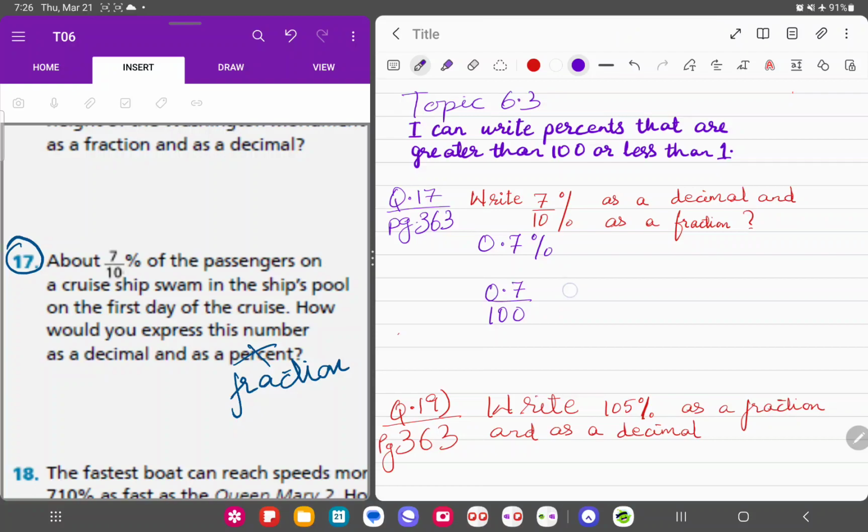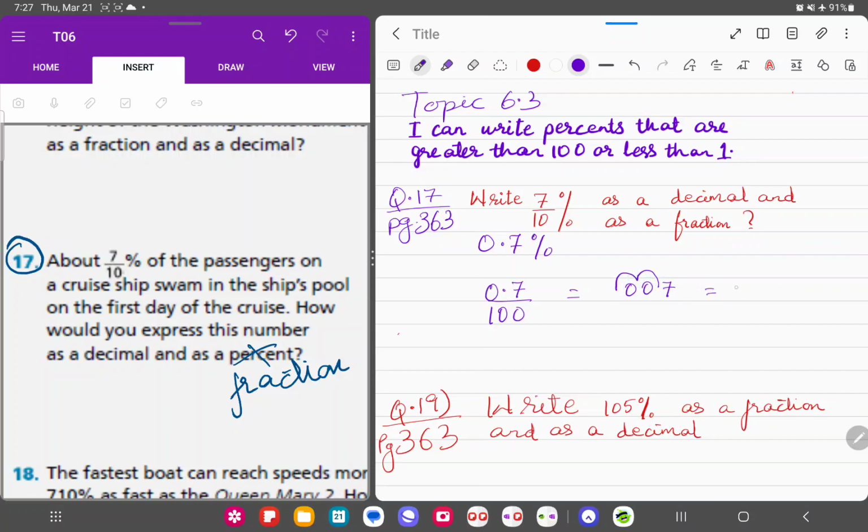Now I want to convert it to decimal. As I just said, the decimal here in this case will jump 2 digits to the left. So I will have 7 and the 2 zeros, and then from here my decimal is jumping 1, 2, right?